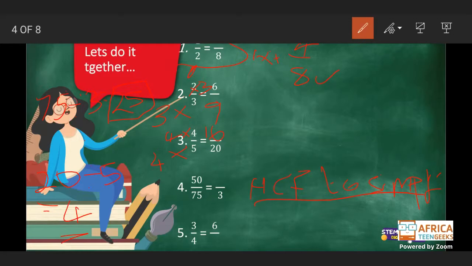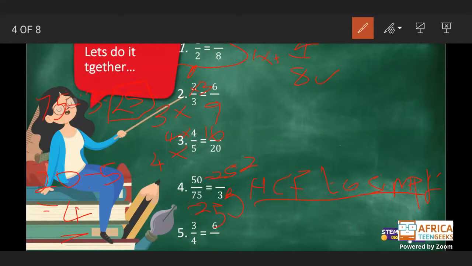So let's do it then. When we do it, we'll have 50 divided by 25, and again 75 divided by 25. And obviously this one gives us 3, and 50 divided by 25 gives us what? 2.